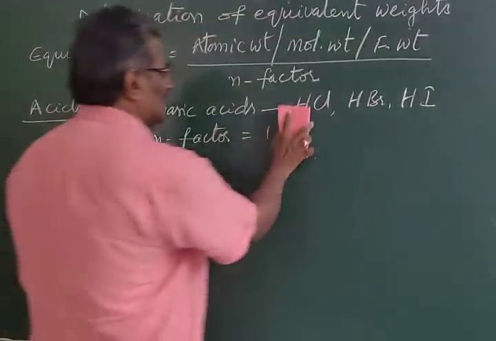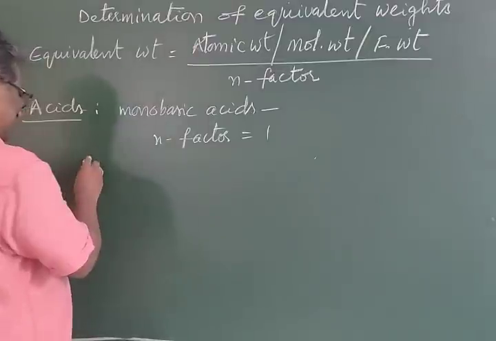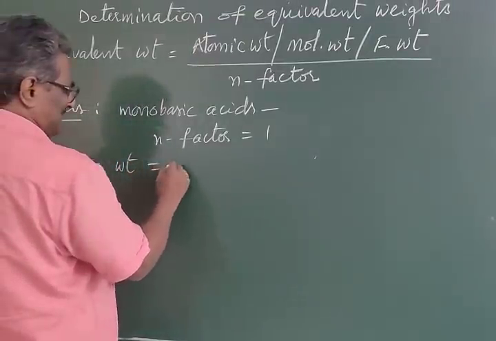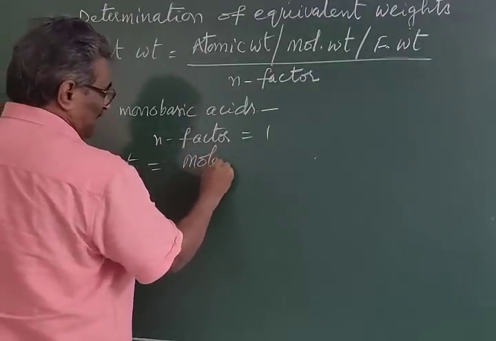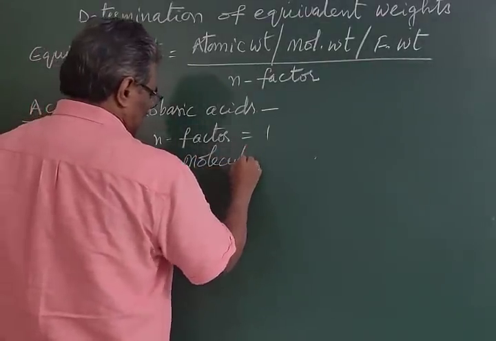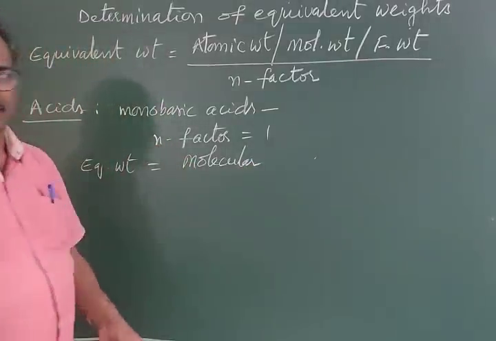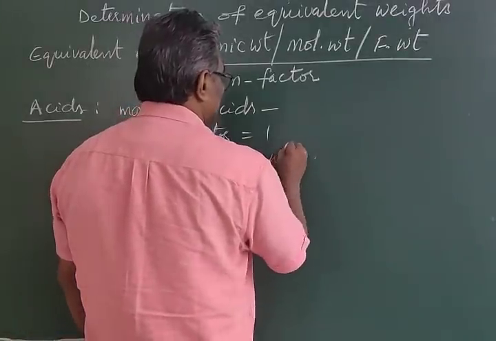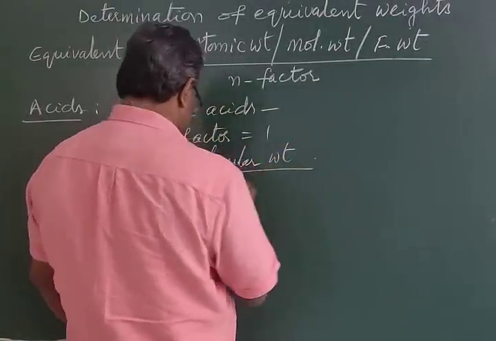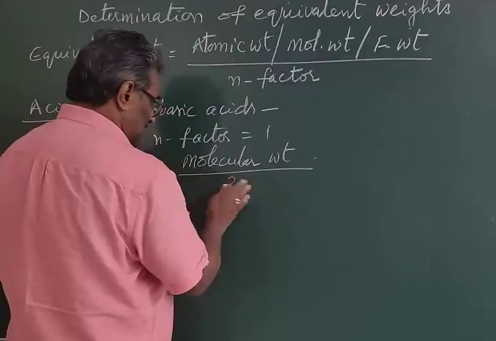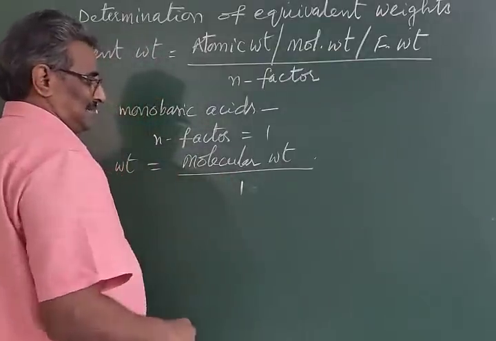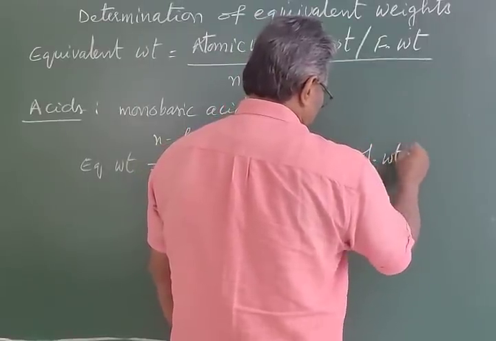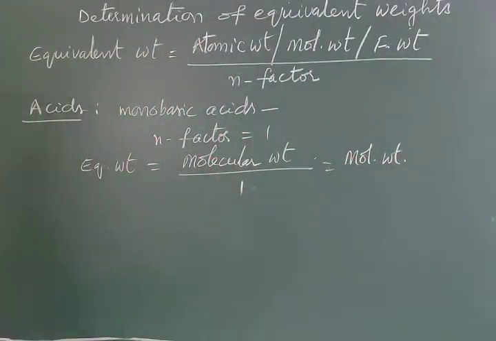All these acids are molecular substances, so we write molecular weight by 1. Equivalent weight is equal to molecular weight.